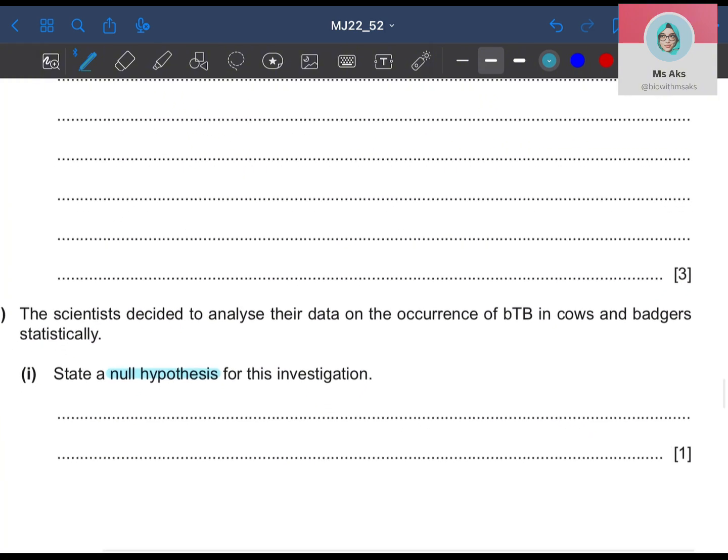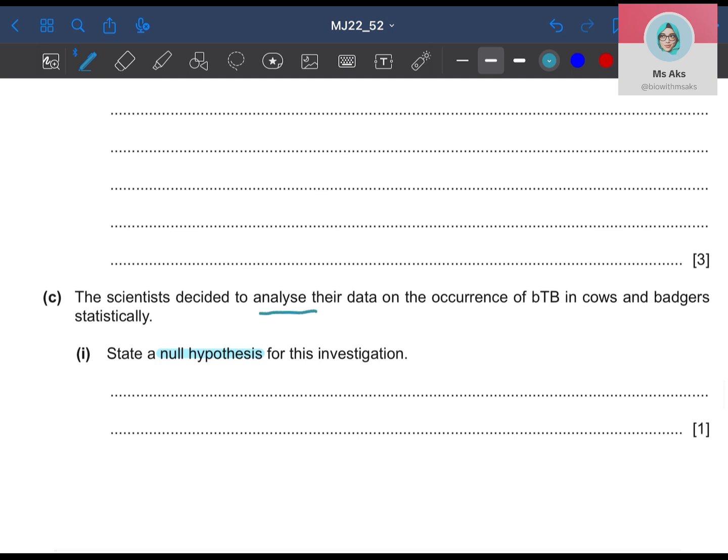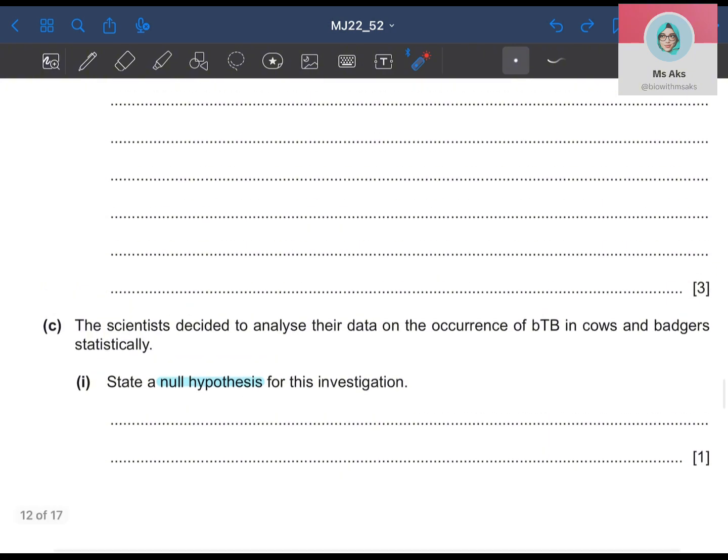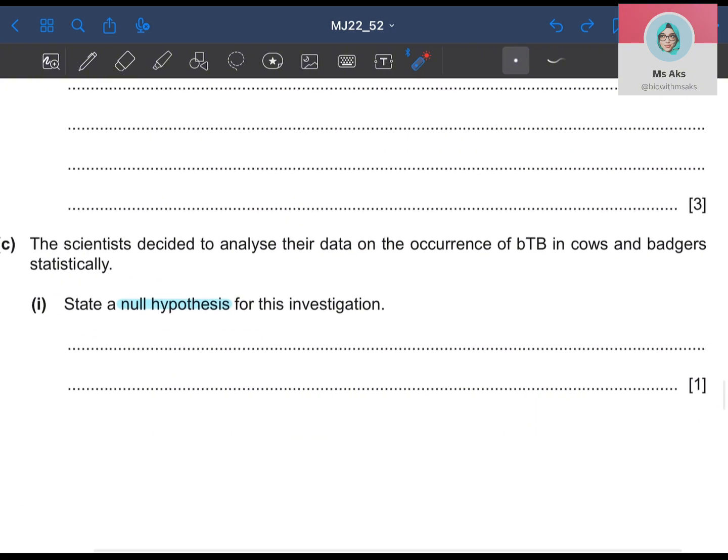Okay. The scientists decided to analyze their data on the occurrence of BTB in cows and badgers. Statistically state the null hypothesis. Now we were looking at correlation, so I think that one is quite straightforward. It is the idea that there is no correlation between the number of infected badgers and the number of infected cows.